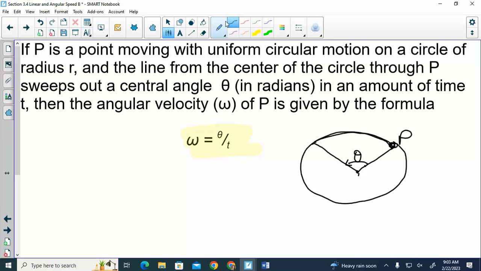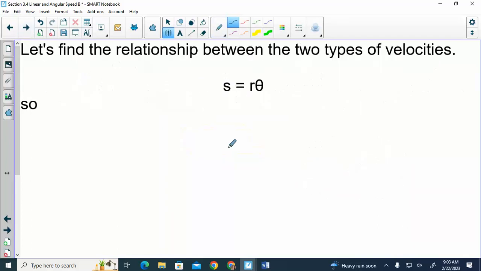We can also talk about how these two are related to each other. So we've seen this s equals r theta formula before. Okay, let's take our v formula.